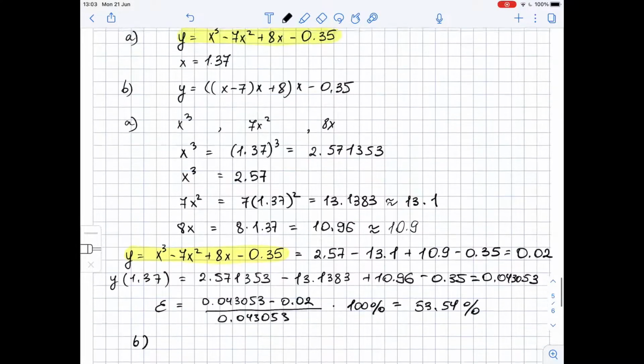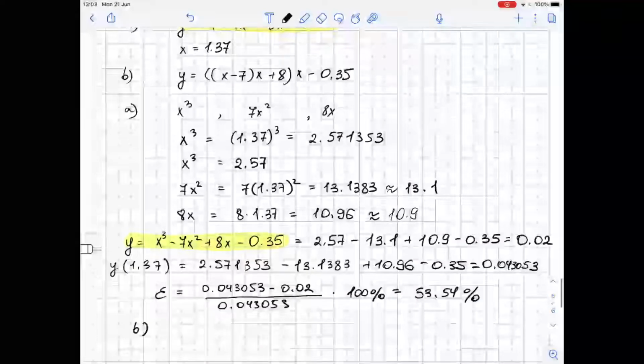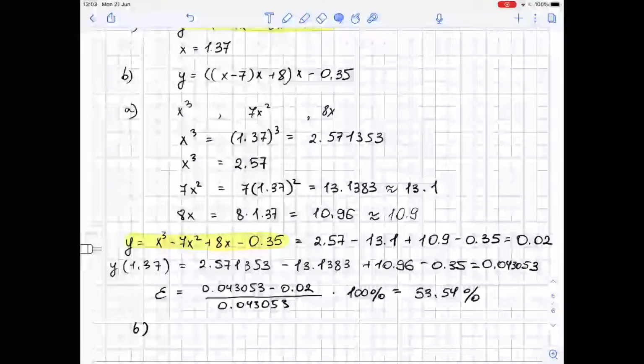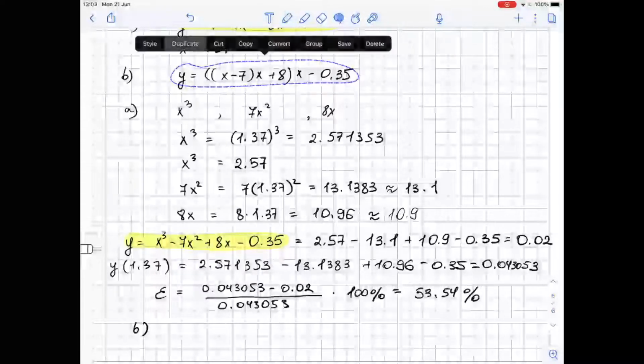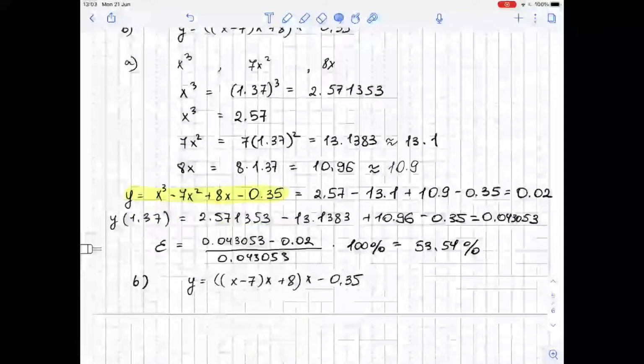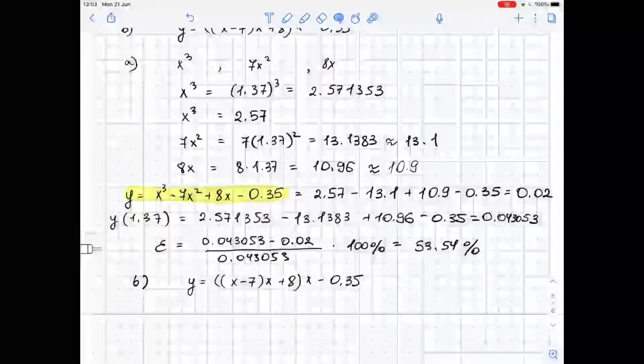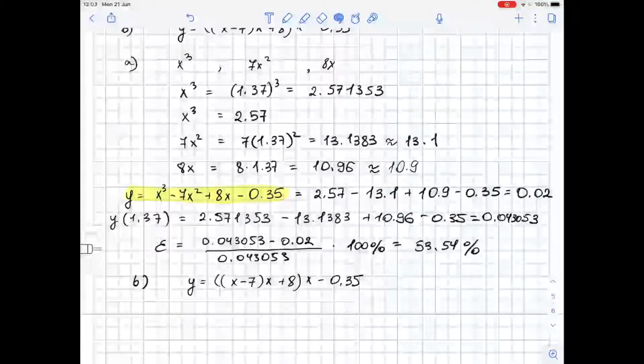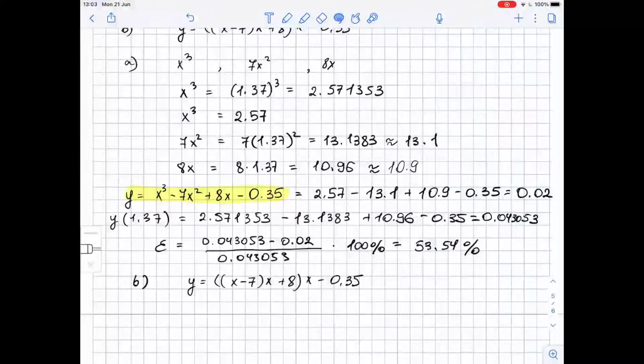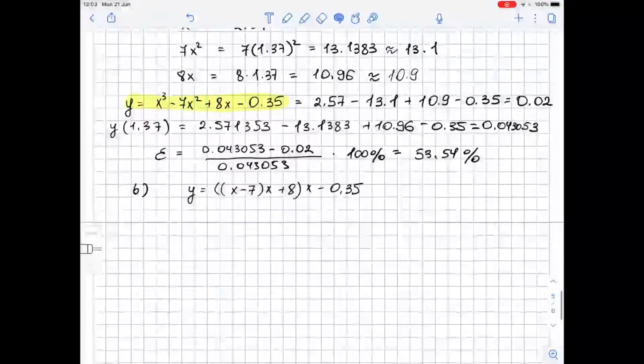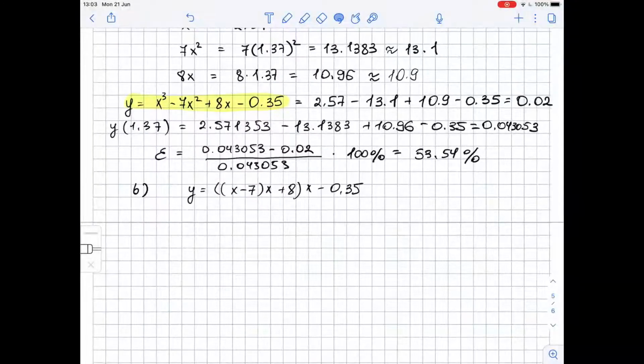So in part B, we have our polynomial looking like this. So let's start by calculating x minus 7 times x.